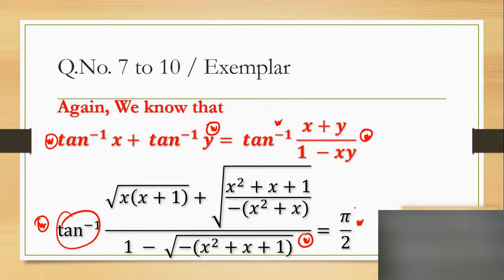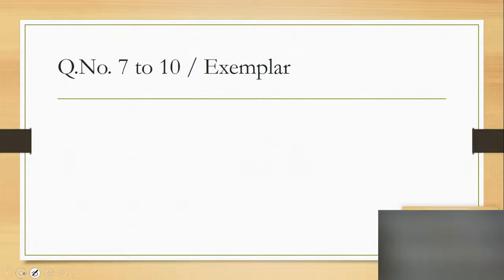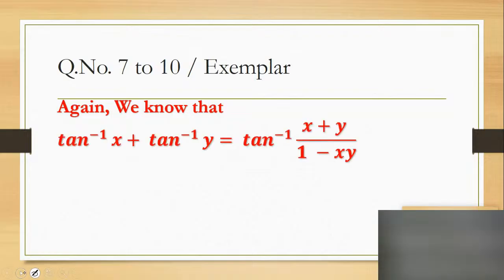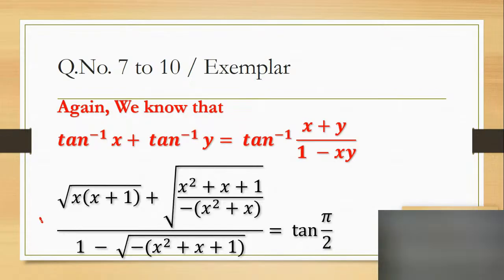Now we move this to the right hand side, then we get in the left hand side this expression and in the right hand side tan pi by 2. So we recall the value of tan pi by 2, which is infinity, equal to 1 by 0. So here will be tan pi by 2.